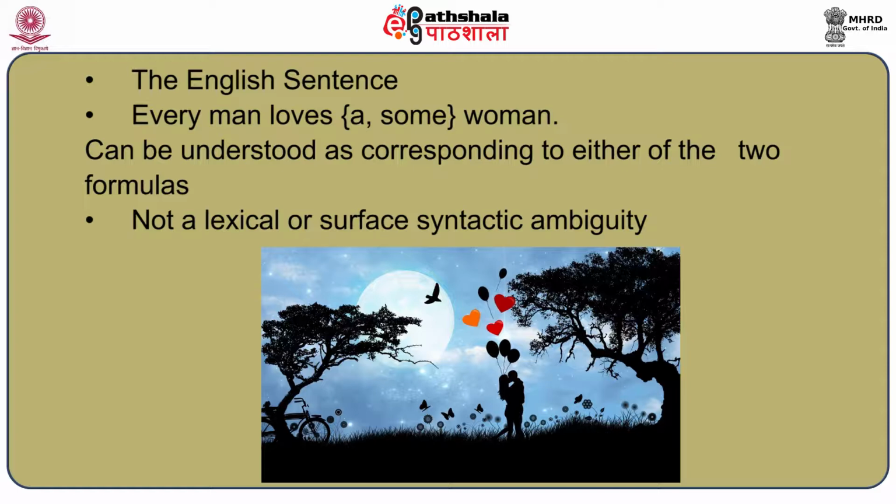One way is to say that you pick all the men, and each of the men loves some woman or the other. If a male person A loves a woman B, and a male person A prime loves a woman B prime, B and B prime may be distinct people. So it basically means every man loves some woman or other.